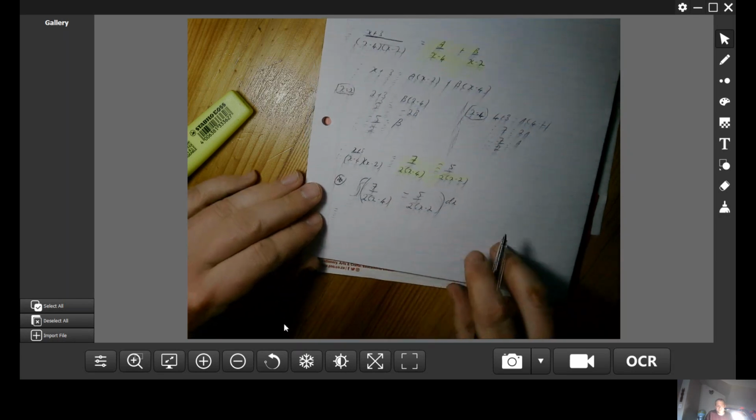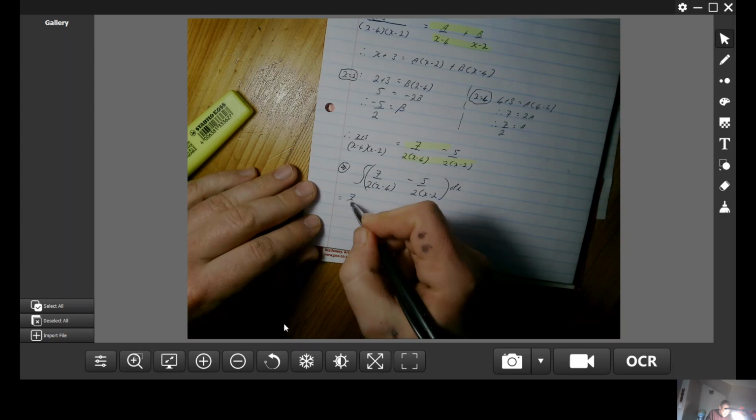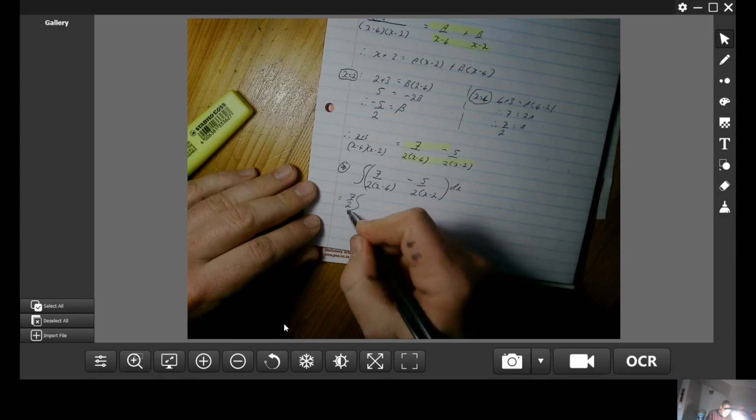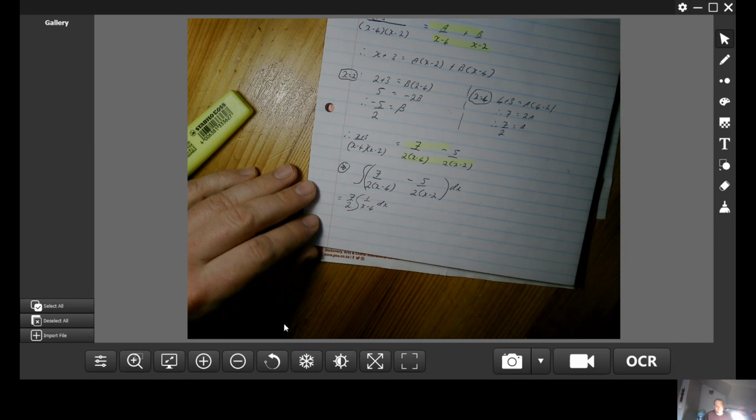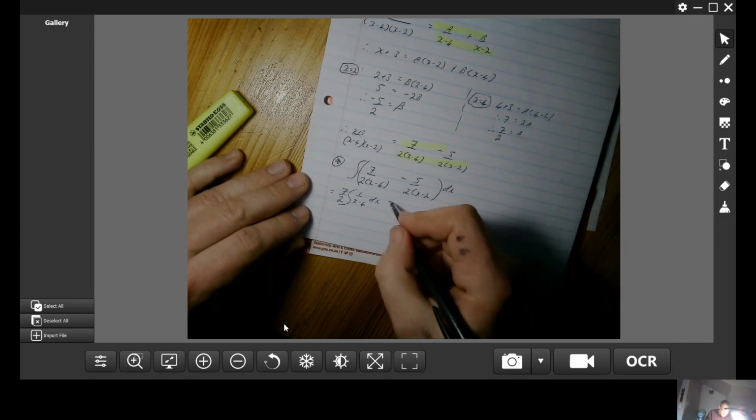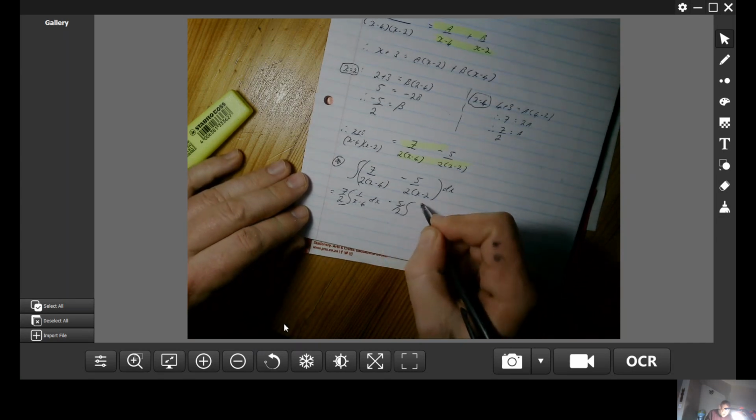And if I want, this is the same thing as 7 over 2 times the integral of 1 over x minus 4 with respect to x, minus 5 over 2 times the integral of 1 over x minus 2 with respect to x. You can obviously skip steps.